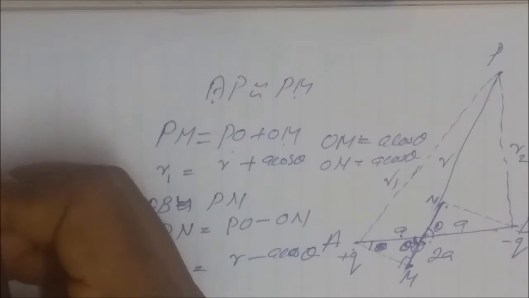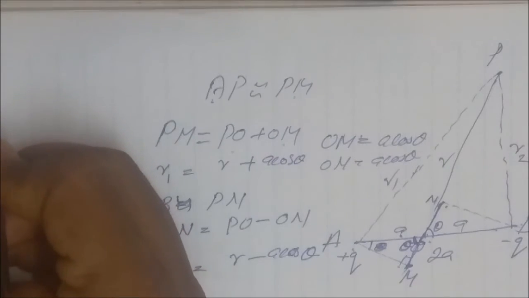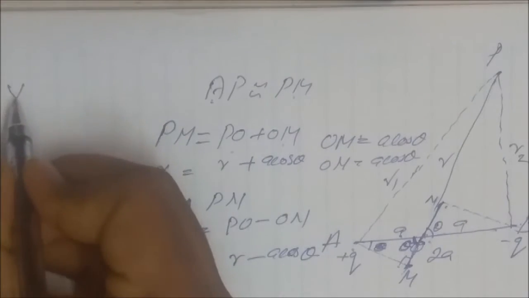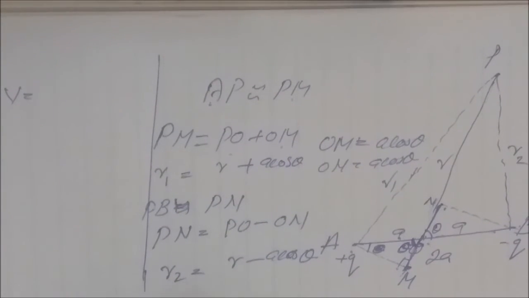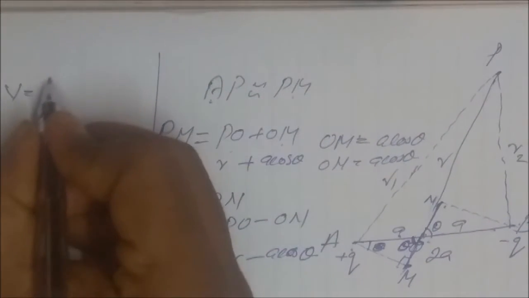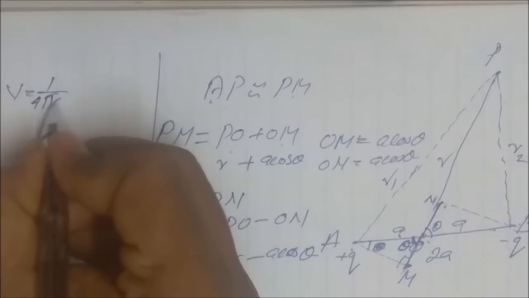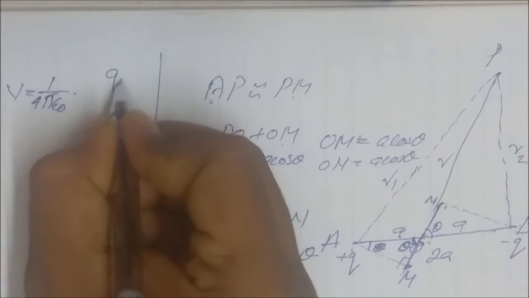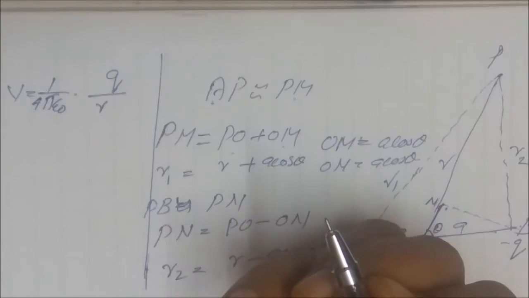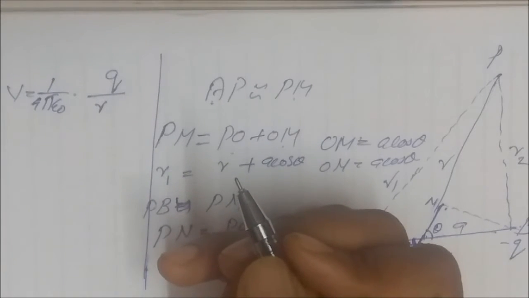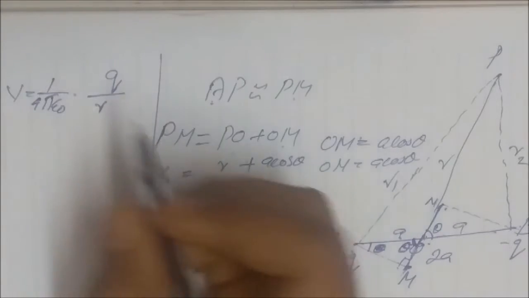In the previous session we discussed that the potential due to a unit positive charge is 1 by 4 pi epsilon 0 q by r. So that was the expression for potential due to an electric charge.